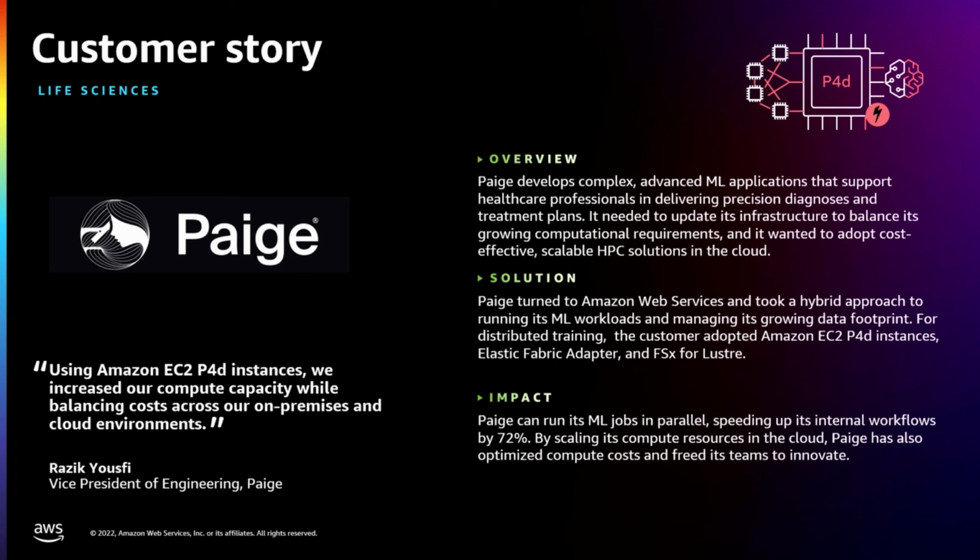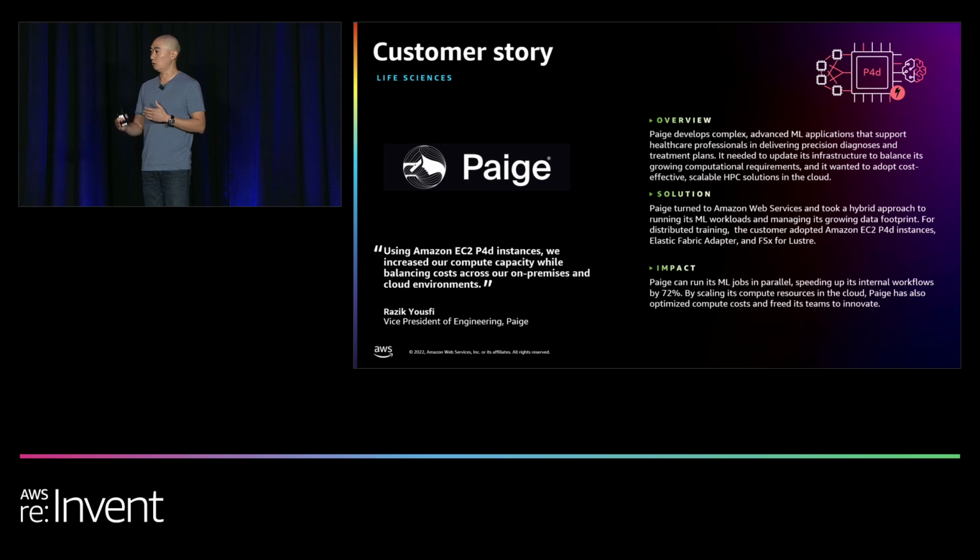As their business grows, they face the problem again around scaling. And they decided to build a hybrid model by scaling their machine learning related resources in the cloud. By using AWS EC2 P4D instances, they managed to improve their internal flows by 72%, at the same time with lowered cost.